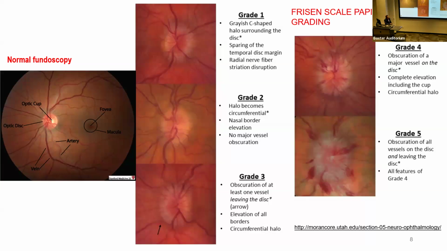Some of them have even already lost part of the vision, but they don't have an ophthalmological evaluation. And that's the way that we see progression, because the most disabling part of this disease is vision loss, and papilledema is the key part of it.